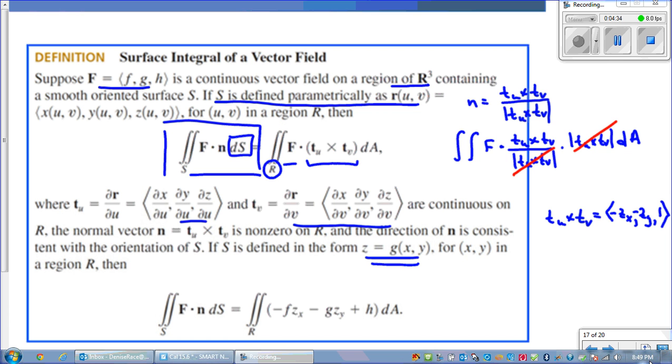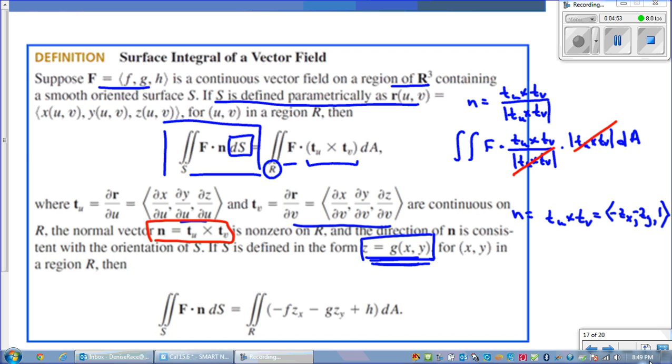So that's what we're going to use for our normal vector if the surface is given explicitly. Just remember, this is what we use for our normal vector when we're doing the flux surface integrals.